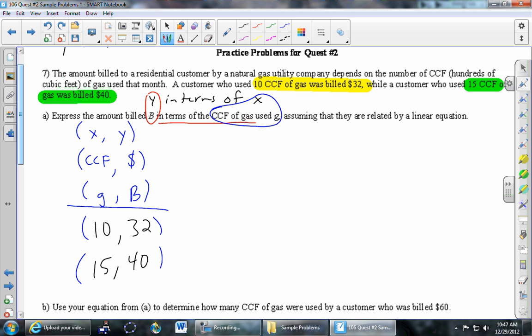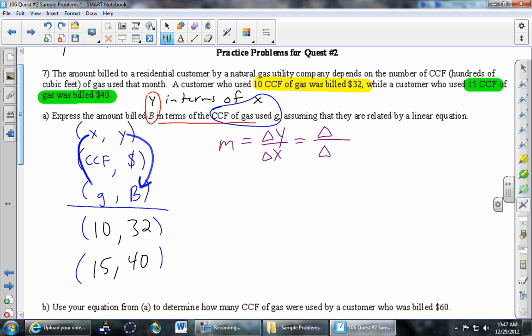Okay, now that I've got my 2 points, I can ignore all the context in this problem and just go back to basics. We're trying to find the equation of a line. Certainly we need a slope, change in y over change in x. If you want to rewrite it in terms of letters in this problem, we've already decided that y is like the B and x is like the G. So it's really a change in B over change in G. So we're going to subtract: 32 minus 40, 10 minus 15.